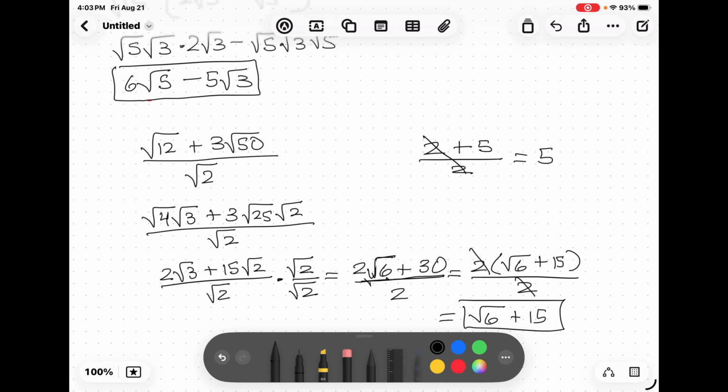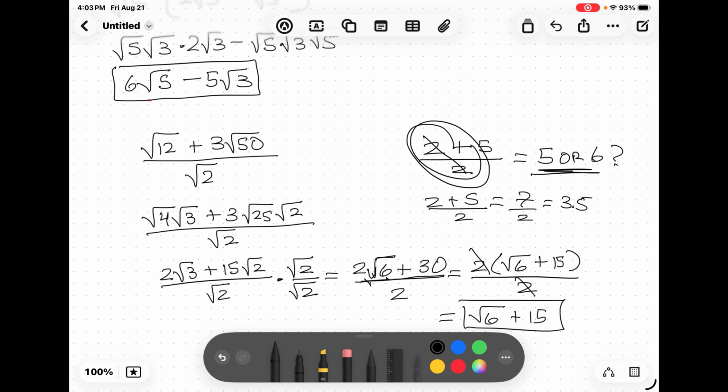I don't even know what it would be. Would it be 5 or 6? But regardless, neither 5 or 6 makes sense, right? Because I know that 2 plus 5 over 2 is definitely 7 over 2. I know that's right, which is 3.5. So whatever I'm doing up here and whatever I'm getting there, it's not 3.5.